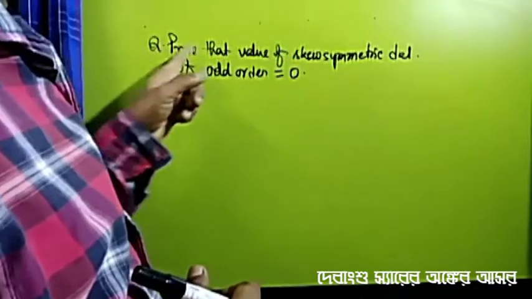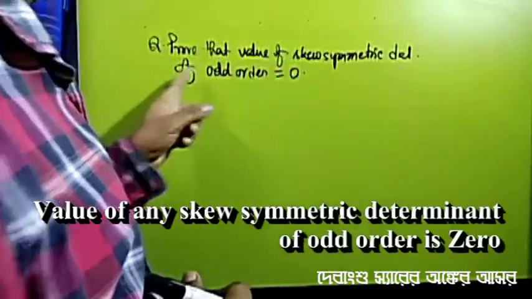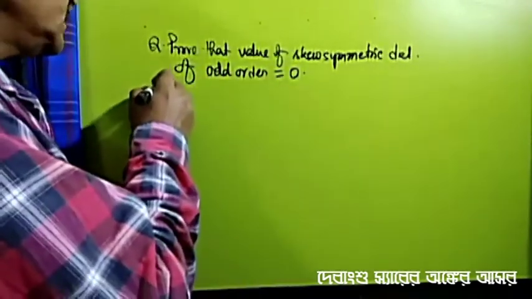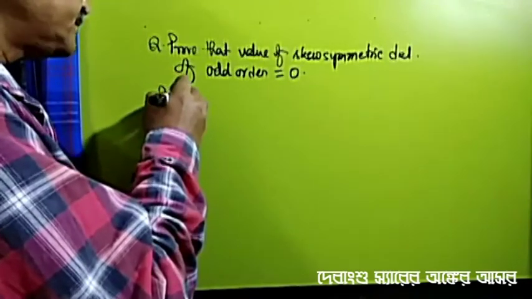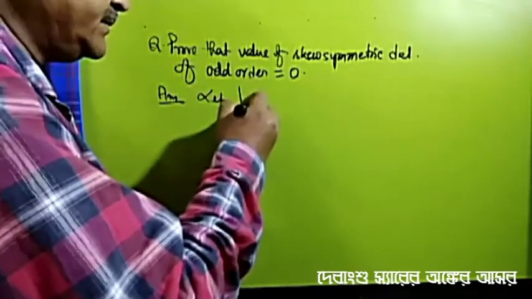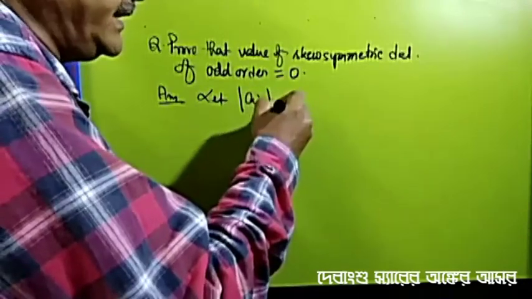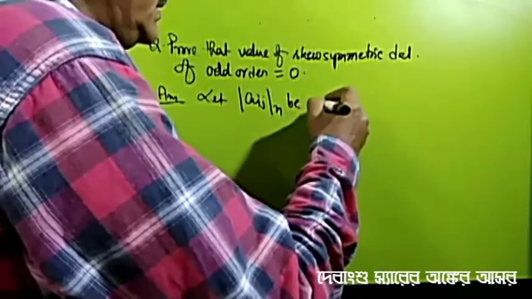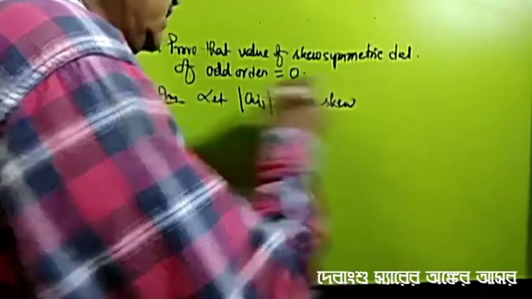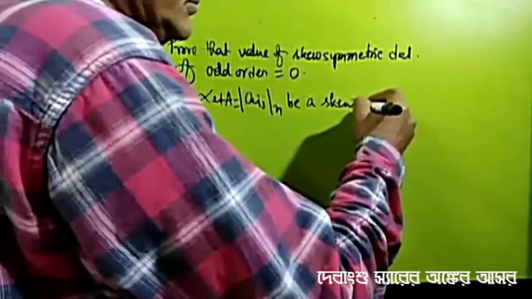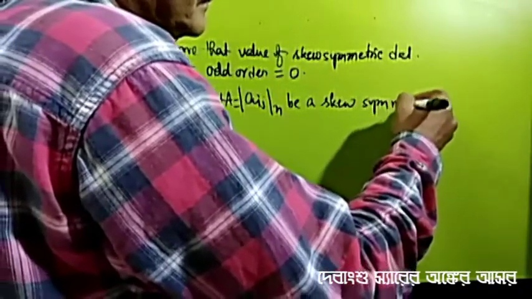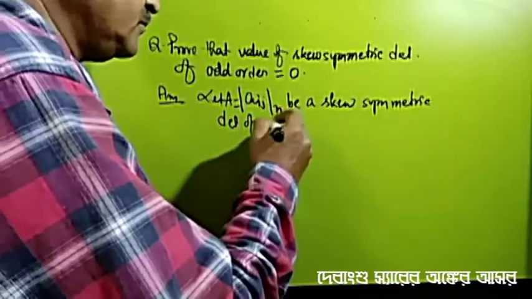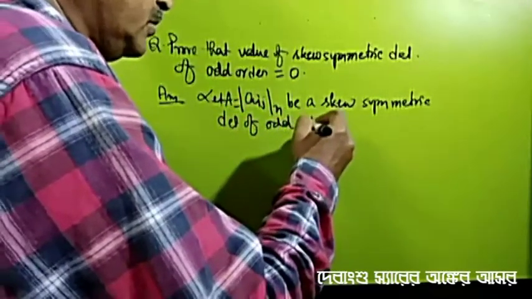Now the question is, prove that the value of a skew symmetric determinant of odd order is 0. Now I am going to prove that. Answer: Let A equal to Aij be a skew symmetric determinant of odd order.